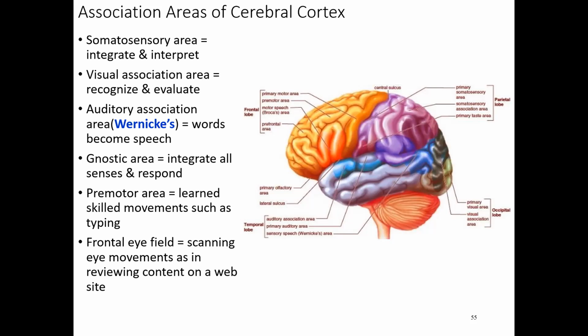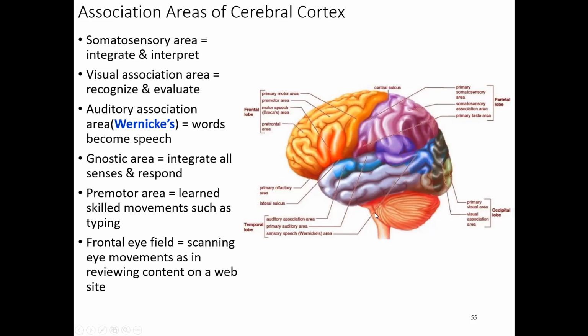Wernicke's area is where we turn words into speech. Broca's area is how we speak. Broca's area is up here, right at this area. There's Broca's area. The motor speech area is Broca's area. But the comprehension of the word and the ability to speak the proper word is Wernicke's.